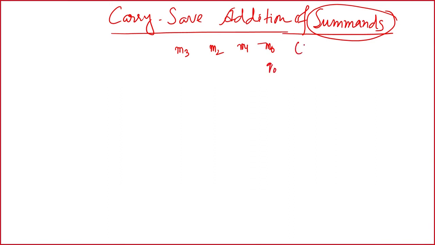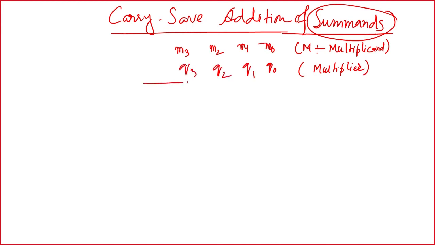Let us write m for multiplicand and q for multiplier: q0, q1, q2, q3. Then we can write m0 q0, m1 q0, m2 q0, m3 q0.